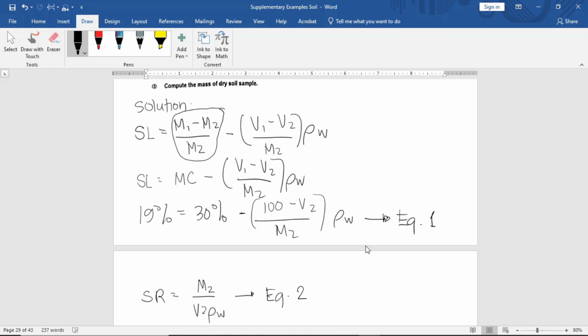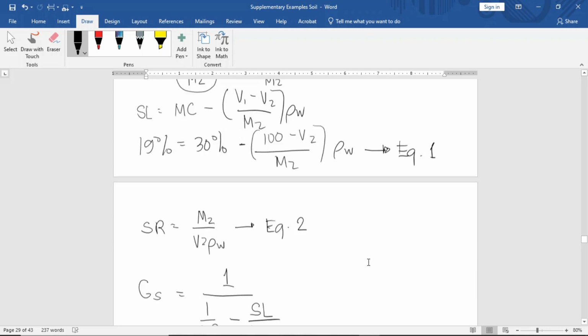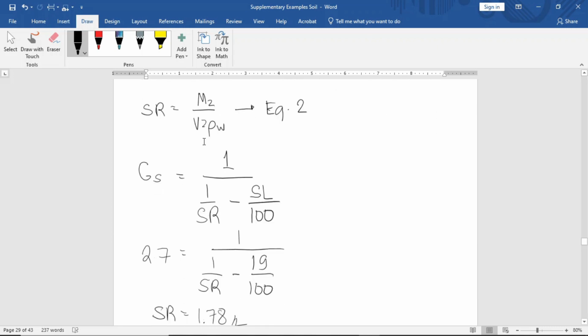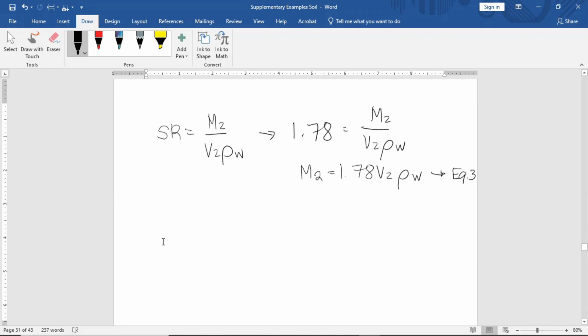So, magso-solve natin yung V2 natin. Input lang natin sa equation 1: 19% is equal to 30% minus (100 minus V2) all over 1.78 V sub 2 times the density of water.